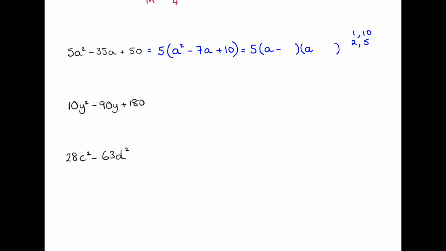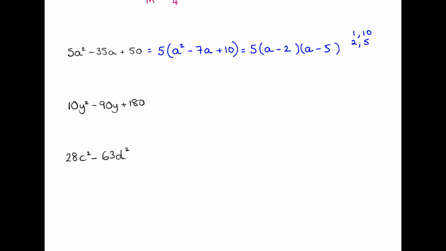So it's both minuses. Then we look at our pairs of factors. Which one of these pairs is going to give us 7? It's got to be this pair. You can't make 7 out of 1 and 10. It doesn't matter which way round they go because they're both the same sign.